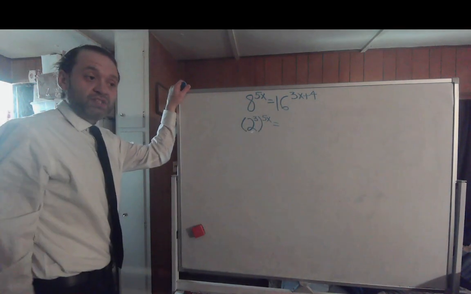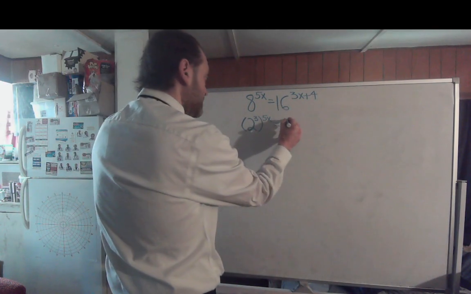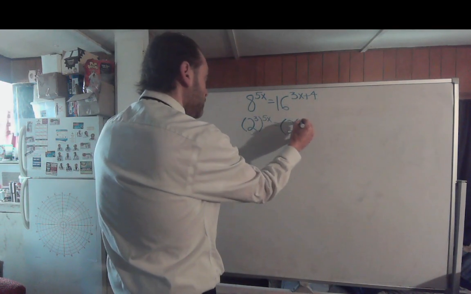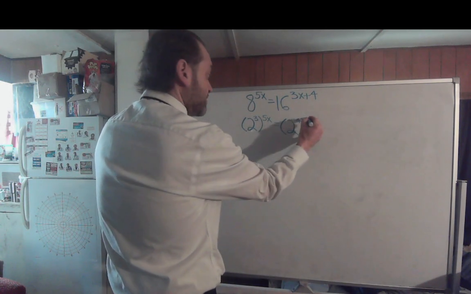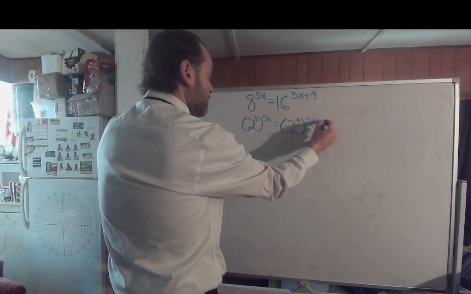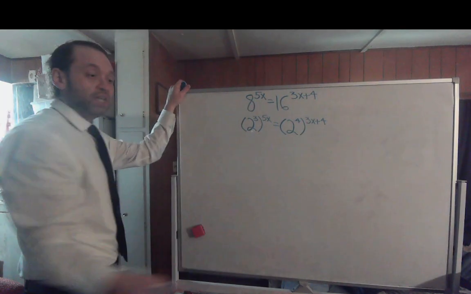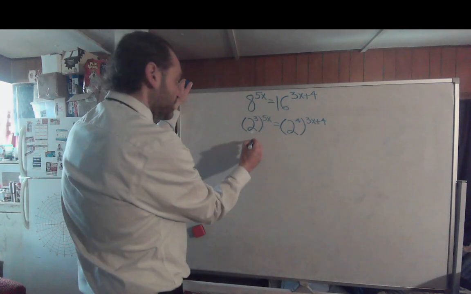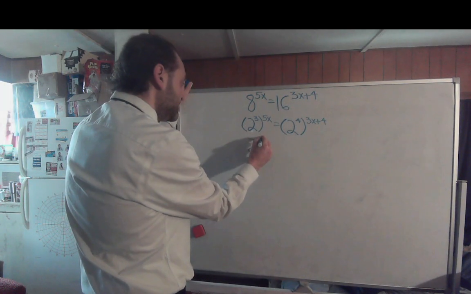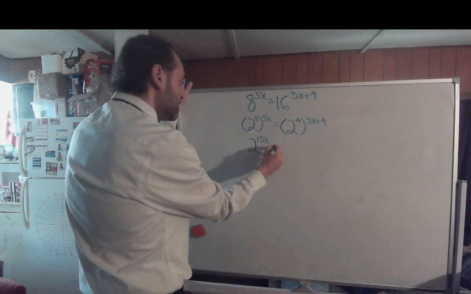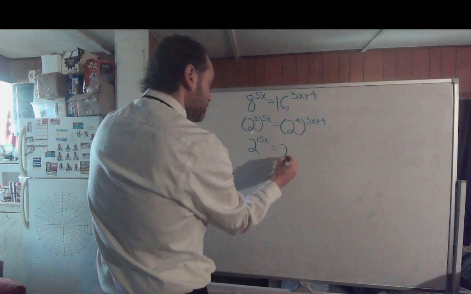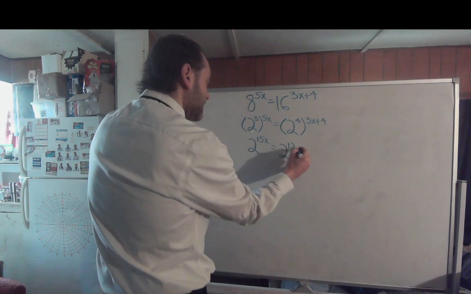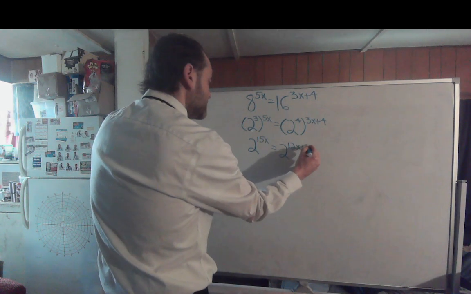Well, 16 is 2 to the fourth, isn't it? This would become the quantity of 2 to the fourth raised to the 3x plus 4 power. So now on both sides, just perform your exponent operations. You should get 2 to the 15x would equal 2 to the 12x plus 16.